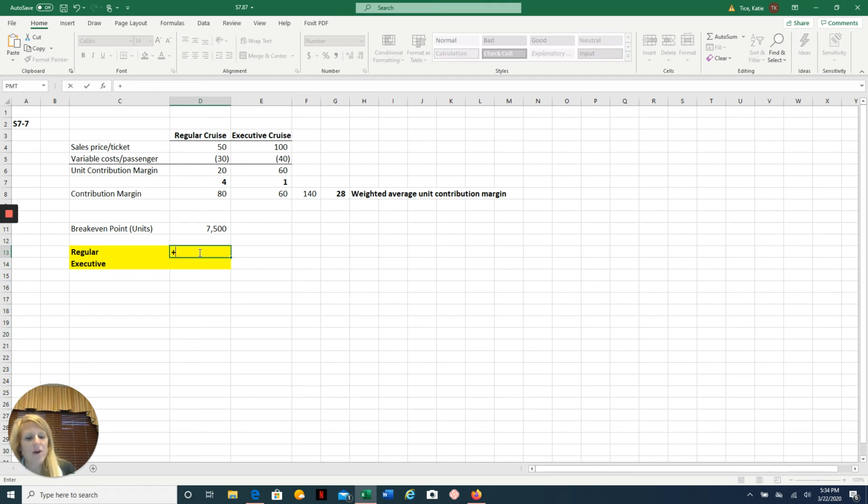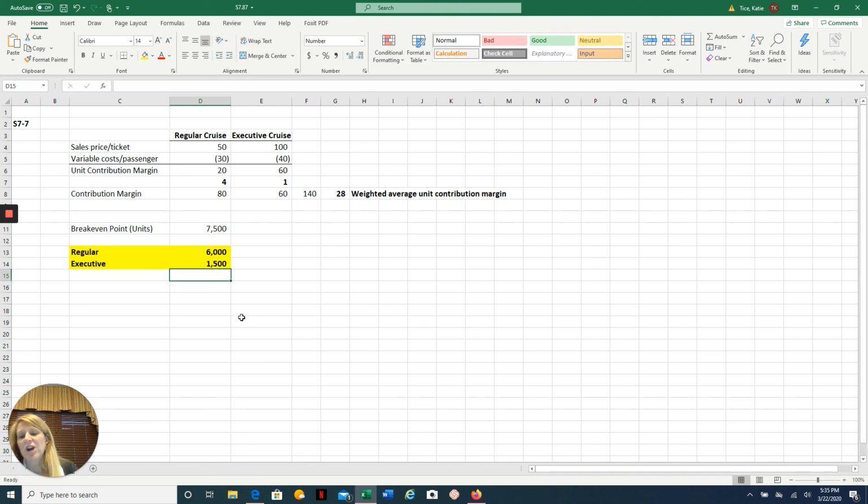So we know if we have 7,500 cruises, that 4/5 of those cruises will be regular cruises. So again, we picked the 4 there. So 4 out of 5 cruises are regular cruises. On the other hand, of those 7,500, 1/5, 1 out of 5, will be executive cruises.